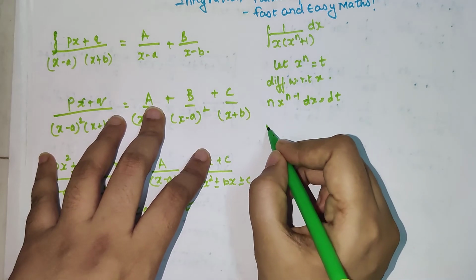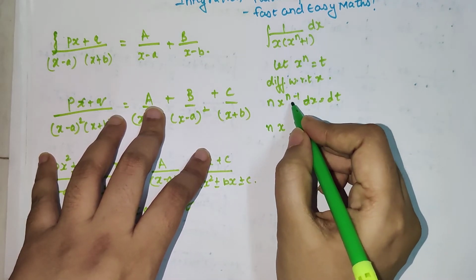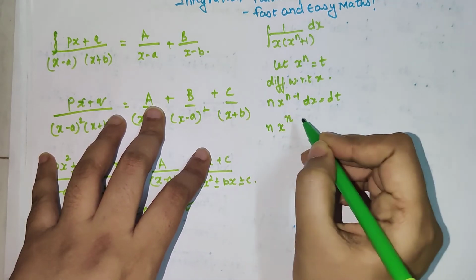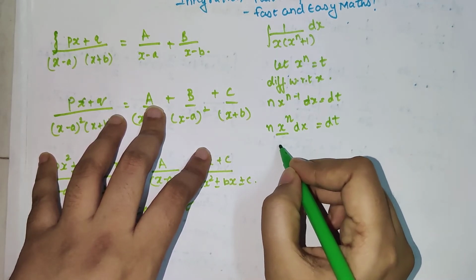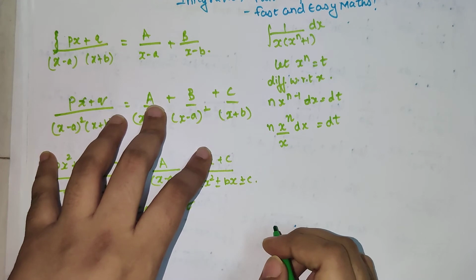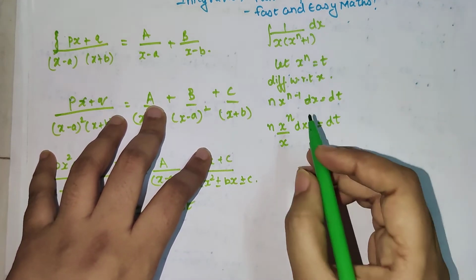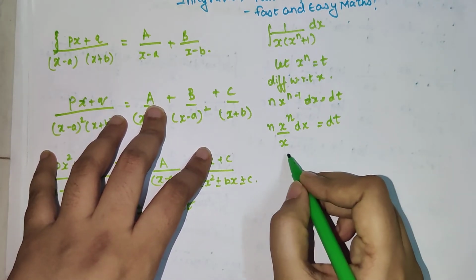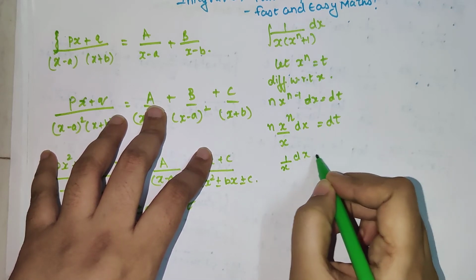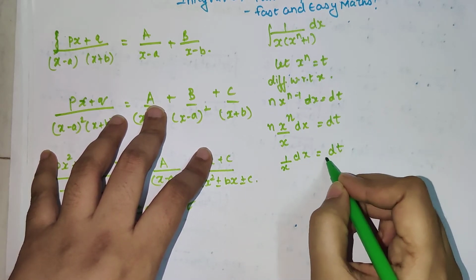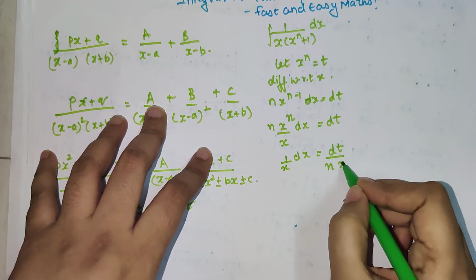We get n into x raised to n minus 1 into x, which is just x raised to n, dx equal to dt, but at the same time it is divided by x as well. So now I can write 1 upon x dx is equal to dt upon n into x raised to n.